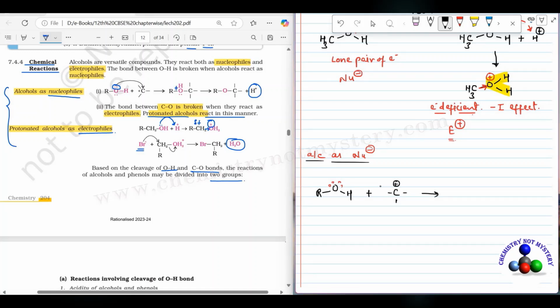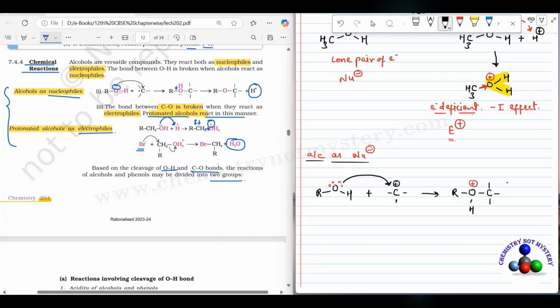So when alcohol reacts with a carbocation, oxygen donates a pair of electrons to the carbocation and makes a bond with the carbocation. So this is ROH, and now oxygen has made a bond with the carbocation. As it has donated a pair of electrons to carbon, oxygen will develop a positive charge.